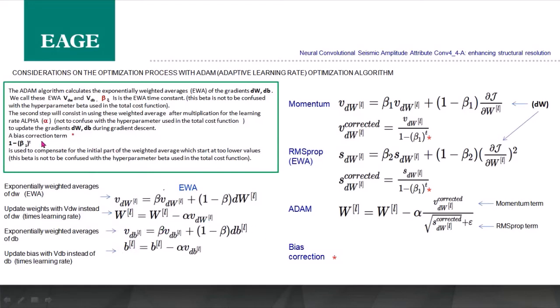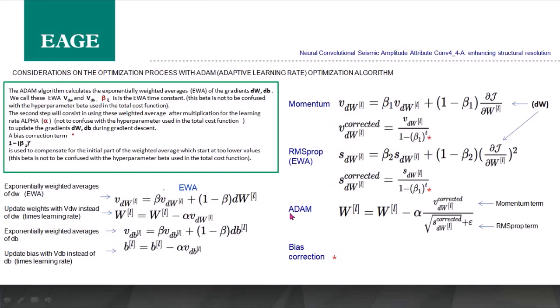A bias correction term, 1 minus beta exponent t, time constant, is used to compensate for the initial part of the weighted average which starts at lower values.